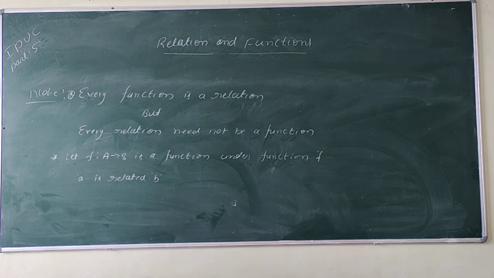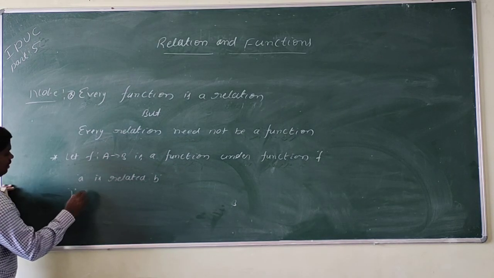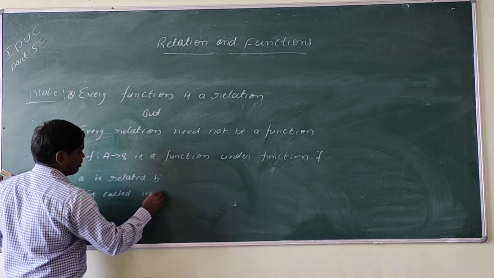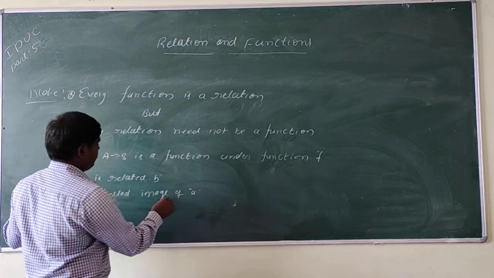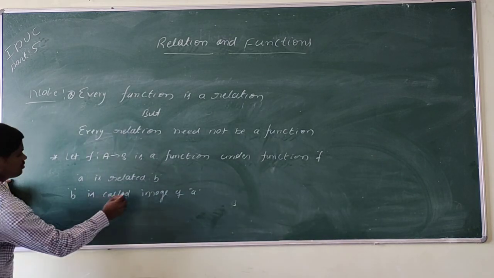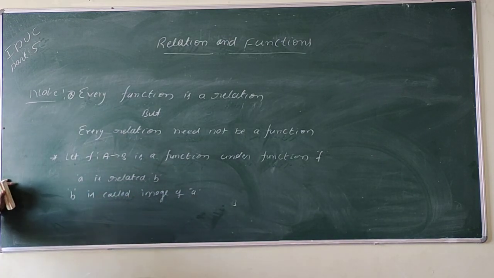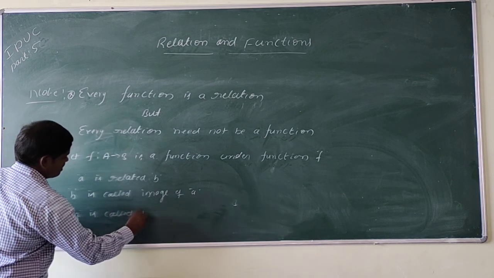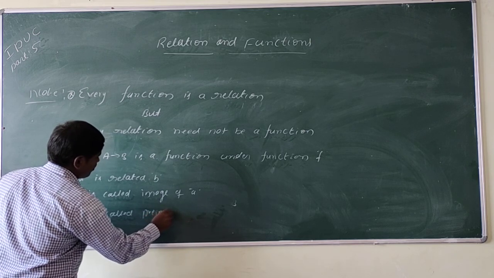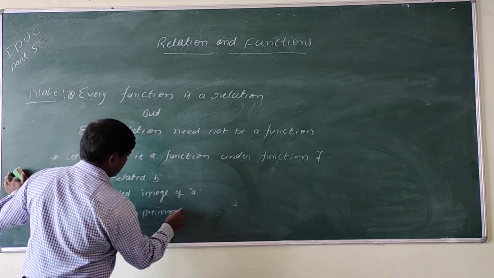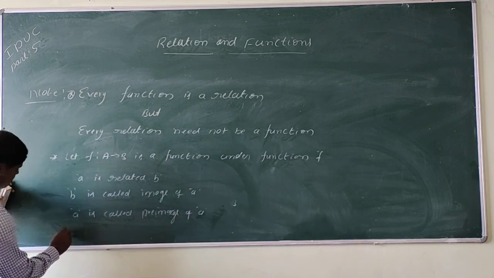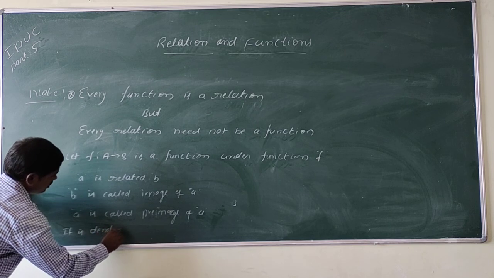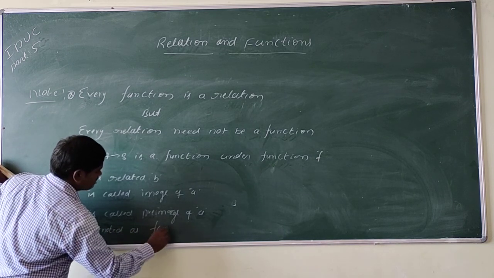Then b is called the image of a, or a is called the pre-image of b, and it is denoted as f(a) = b.